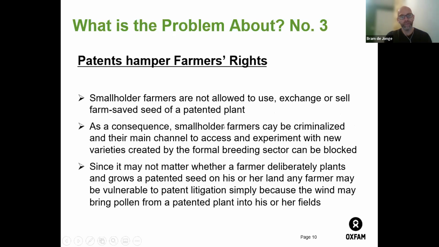If that happens, smaller farmers may be criminalized for the main practice of accessing seed. And since it may not matter whether a farmer deliberately plants and grows a patented seed on his or her land, any farmer may be vulnerable to patent litigation simply because the wind may bring pollen from a patented plant into his or her fields.